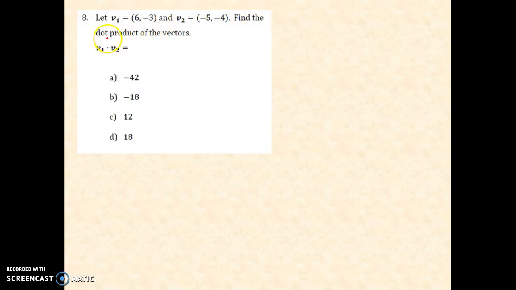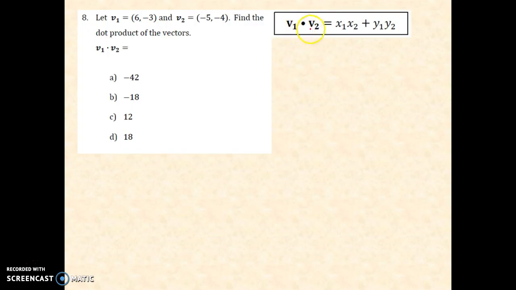Alright, let's find the dot product of the vectors. So the dot product of two vectors is the product of their x values plus the product of their y values. And it's a scalar.